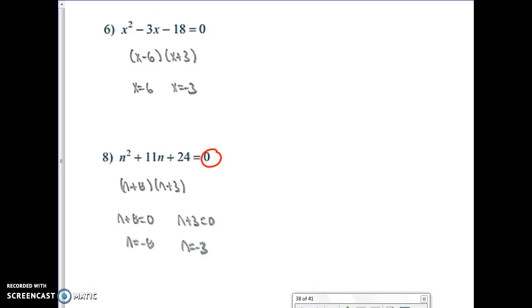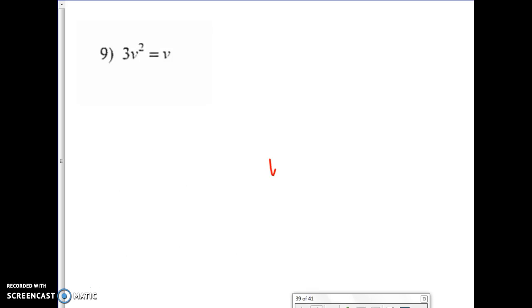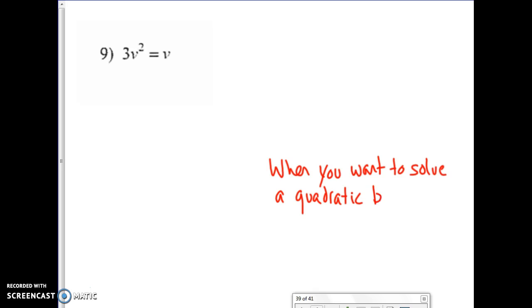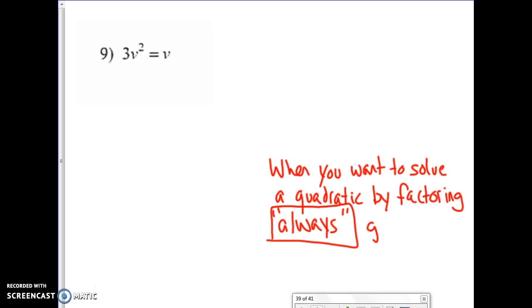In order to solve a quadratic by factoring, always get one side to be equal to 0.